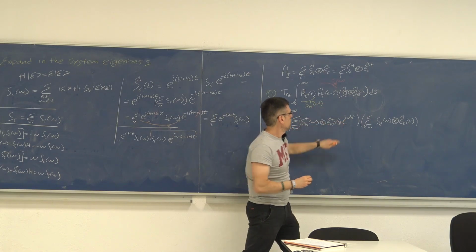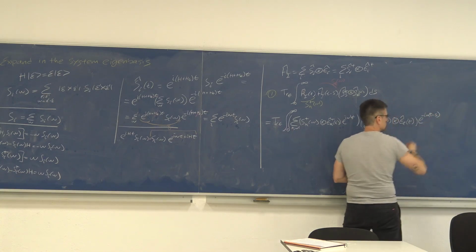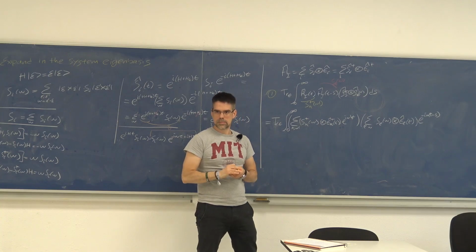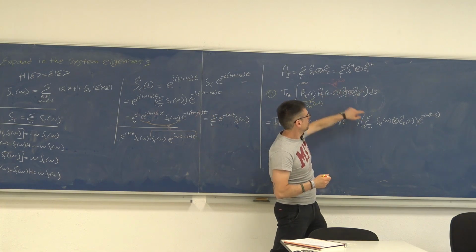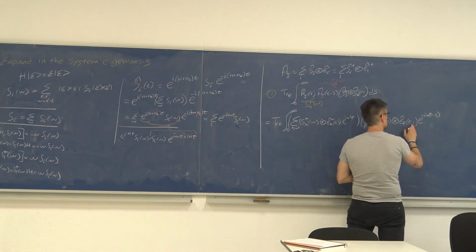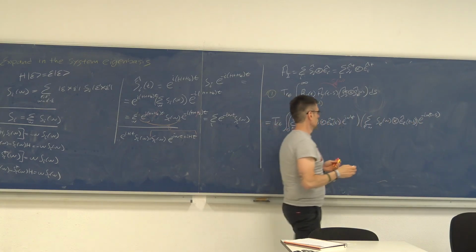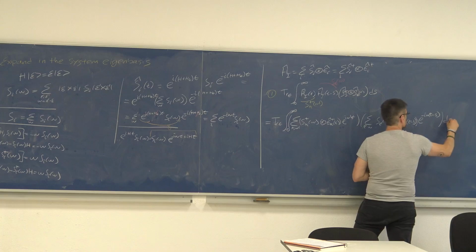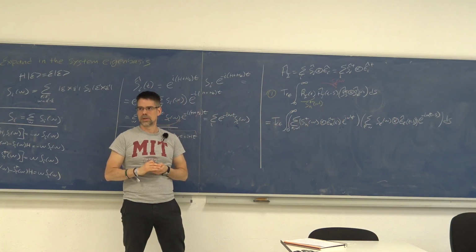It will depend on omega. It will be exponential of minus I omega, t minus s. Because we are expanding in omega, t minus s, because here is t minus s. And this, of course, should be also t minus s. If I didn't make any mistake, this is what we get. Okay?